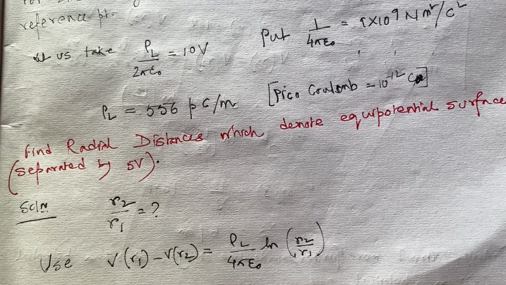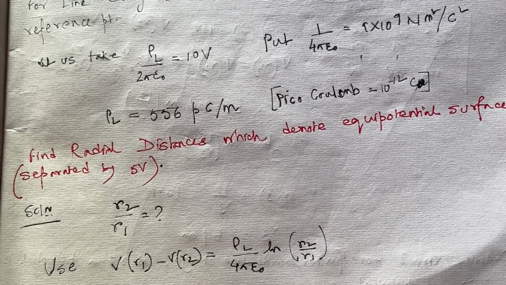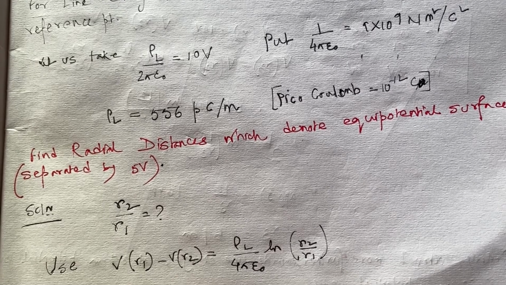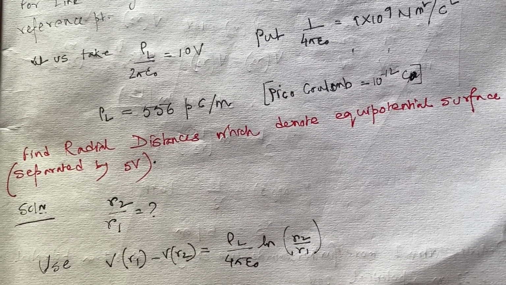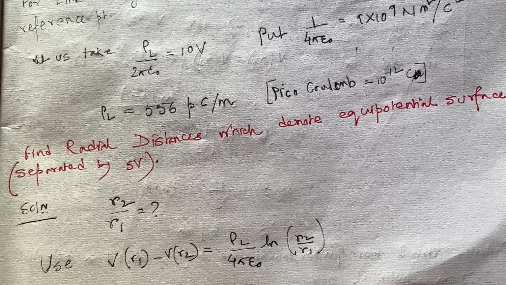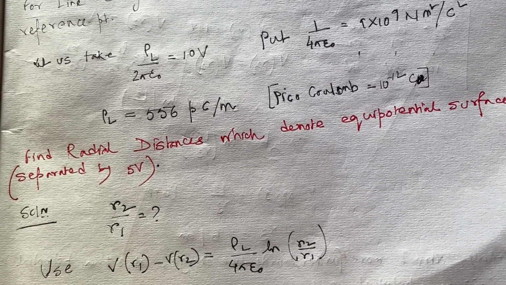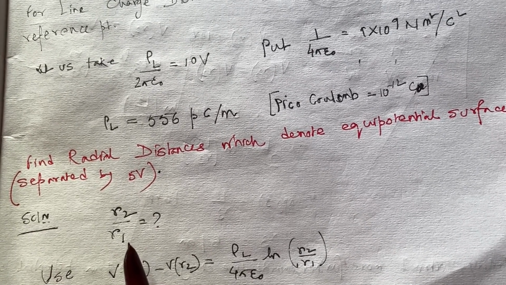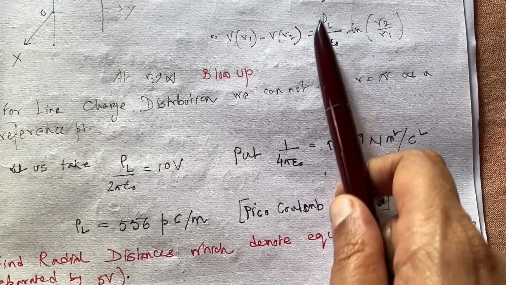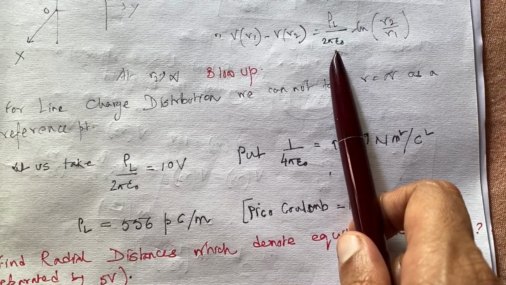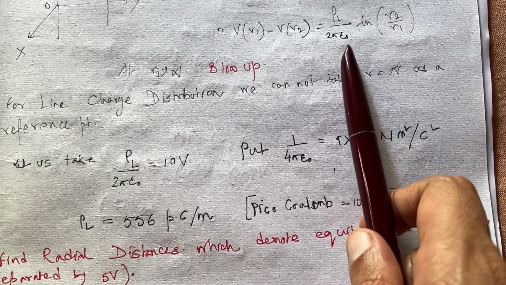Then I would like to find out the radial distances at which those equipotential contours can be drawn, which means I would like to find out this R1 and R2 in this expression. We have this value rho L by twice pi epsilon 0 equal to 10 volt.